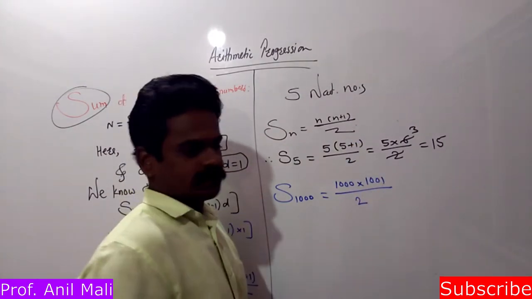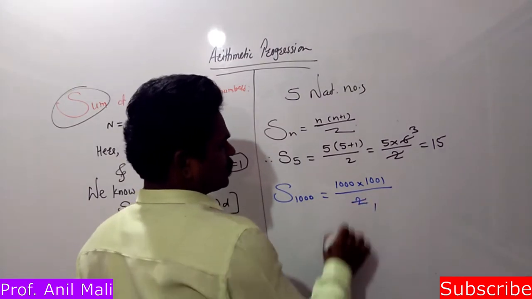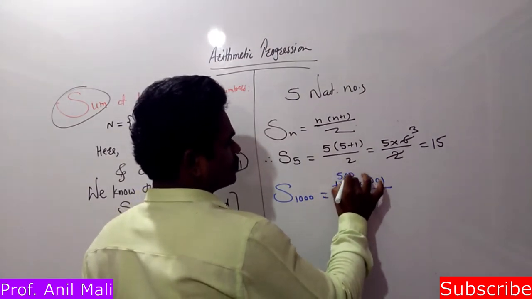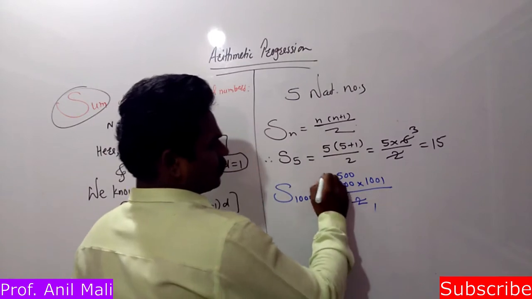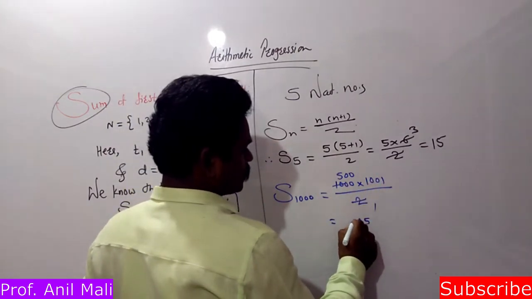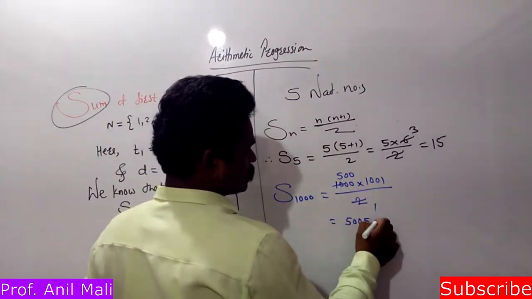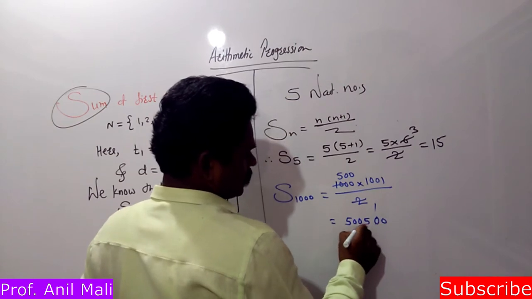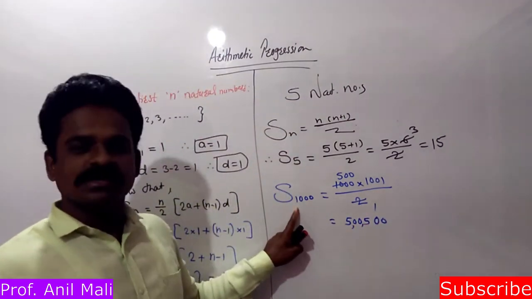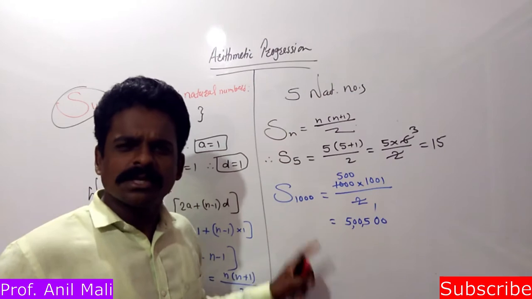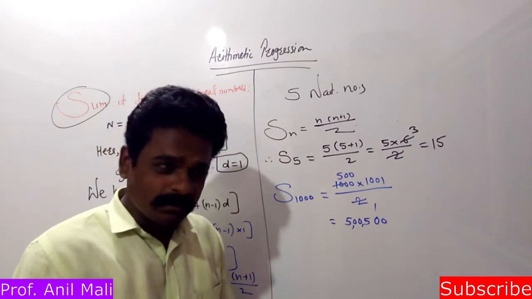So 2 ones are 2, 2 5s are 10 and double 0. 5 ones are 5 and these 2 zeros are here. So this will be your sum of first 1000 natural numbers.